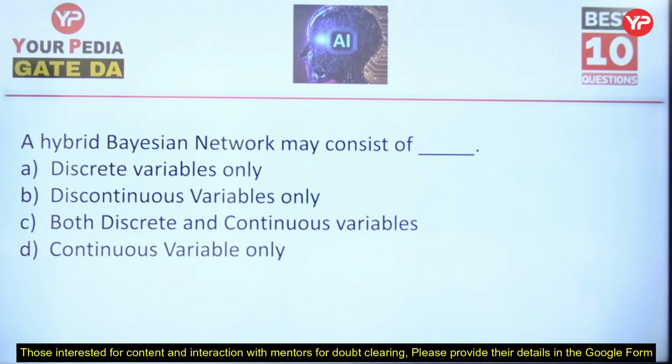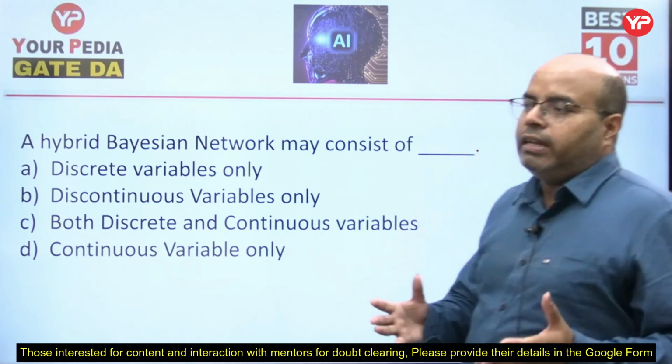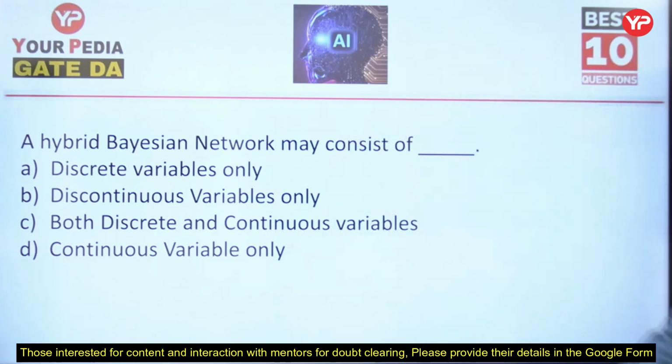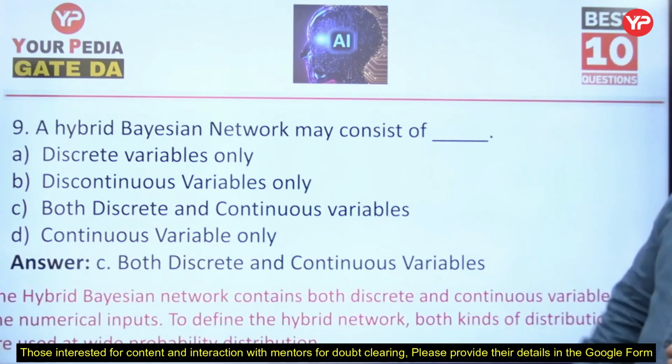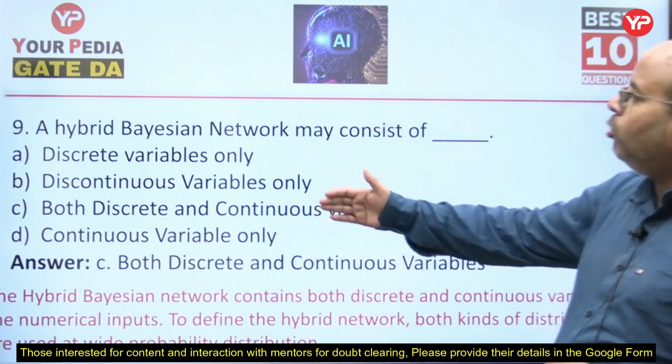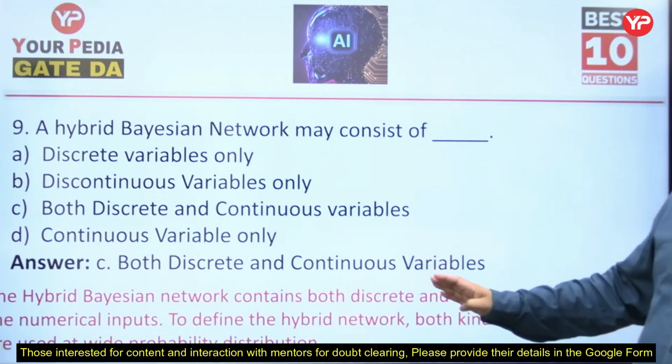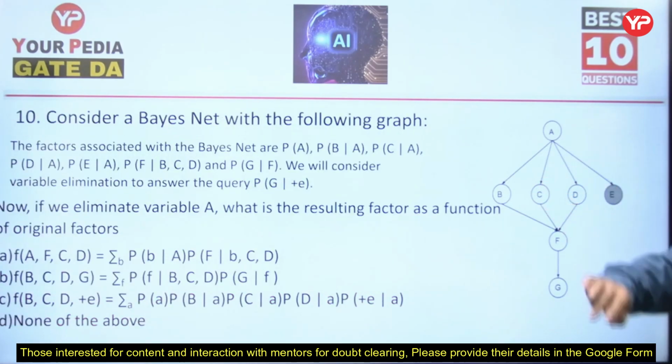Hybrid means it will consist of discrete variables and continuous variables also. That's the definition of a hybrid Bayesian network. So both discrete and continuous variables, C is the answer. The hybrid Bayesian network contains both discrete and continuous variables as the numerical inputs. To define the hybrid network, both kinds of distributions are used as probability distributions.